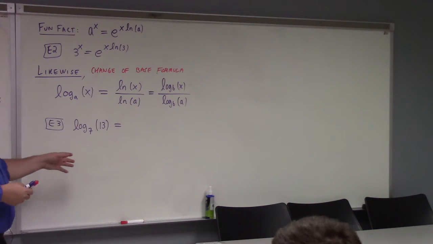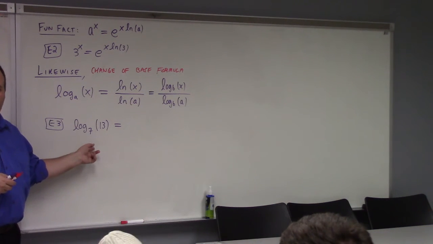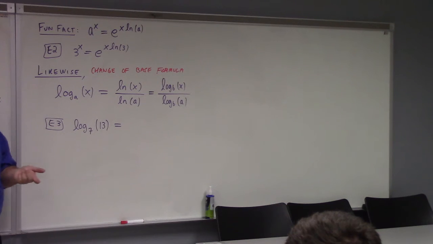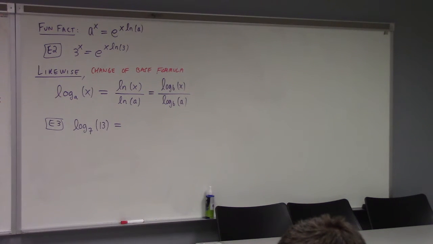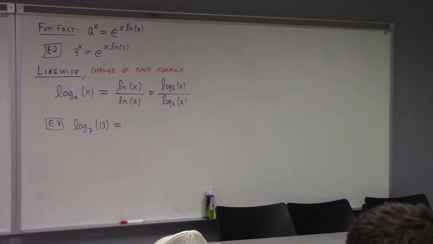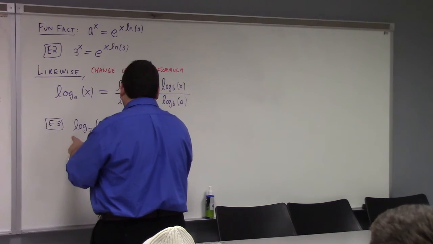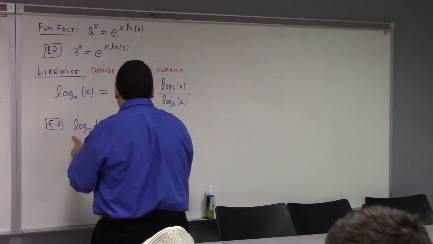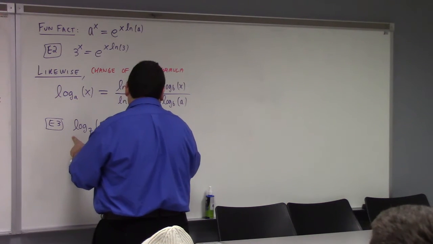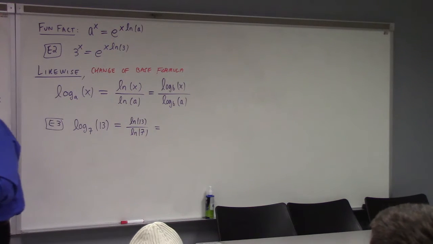I will tell you, most calculators don't have log base 7. Most calculators don't have log base 3. At most, you're going to find log base 10, log base e, and if you're lucky, log base 2, which is sometimes called LG. Log base 10 is sometimes called the common log because it's based on powers of 10. But this one here, we can switch to the natural log of 13 divided by the natural log of 7. If you've got a scientific calculator, you've got a natural log button on it.